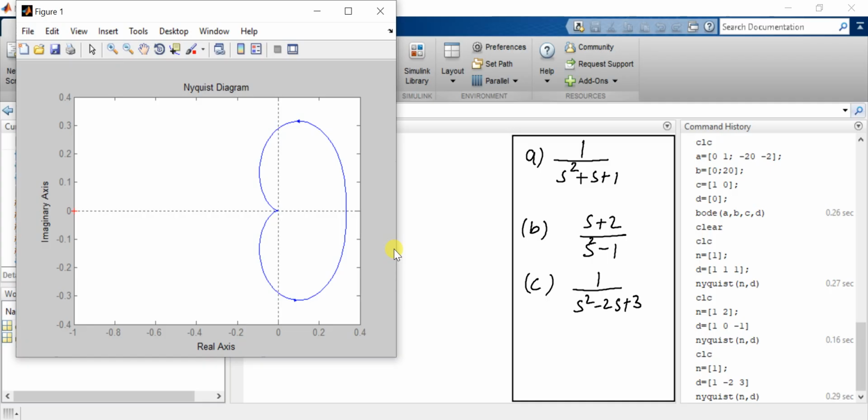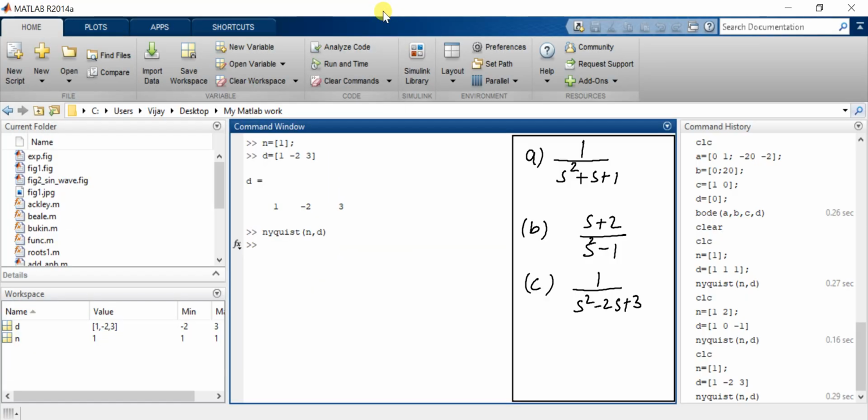In a similar way, you can find the Nichols chart of any particular system. Basically, Nichols chart is the constant magnitude loci, that is M circle, and constant phase angle loci, that is N circle, when transferred to log magnitude versus phase plot are called Nichols chart.